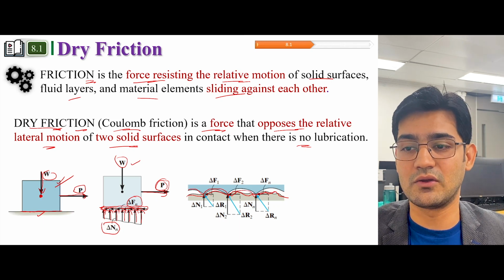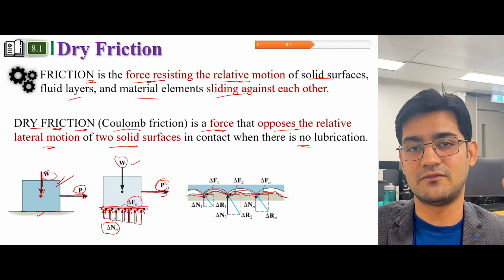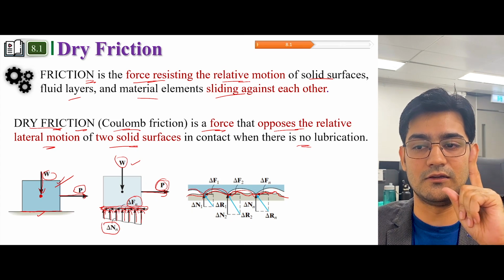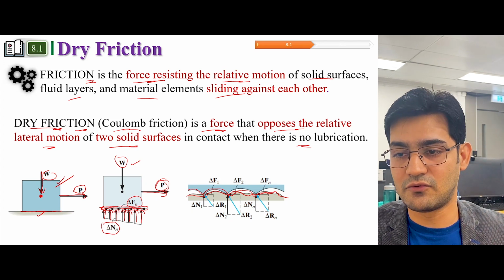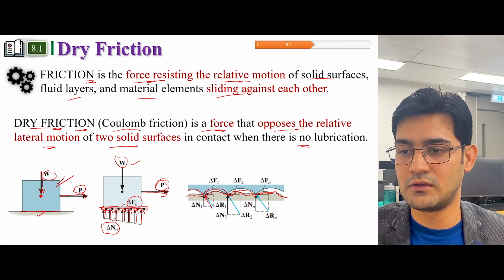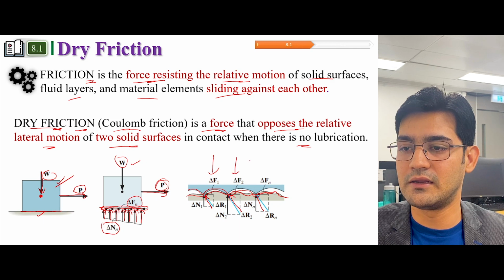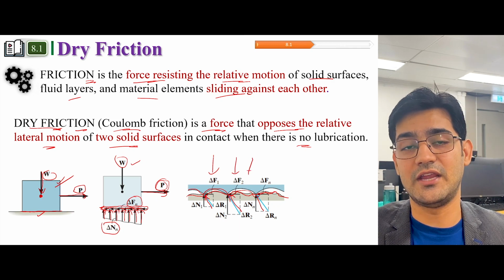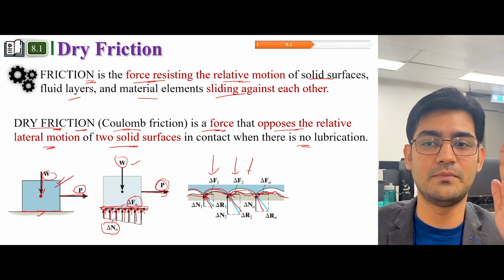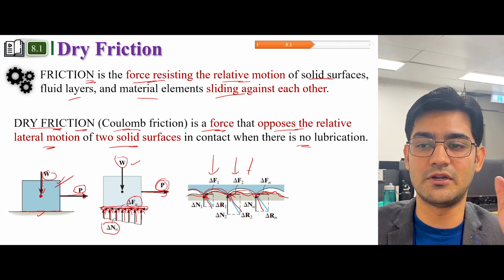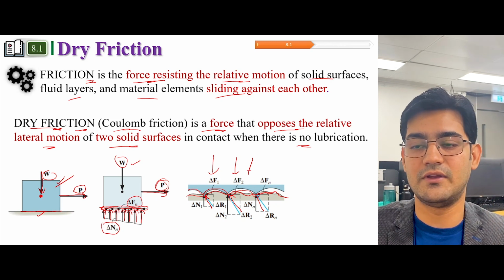Because of these irregularities, the reaction force is not exactly vertical. The reaction force would be at an inclined angle. You have weight applied on it, and because of this weight you have a reaction force, and that reaction force would not be strictly vertical because you have irregularities.